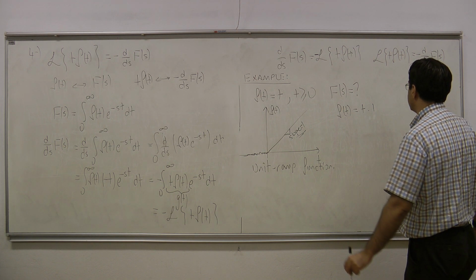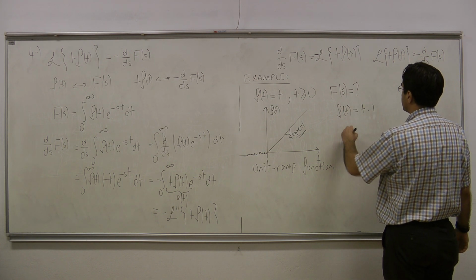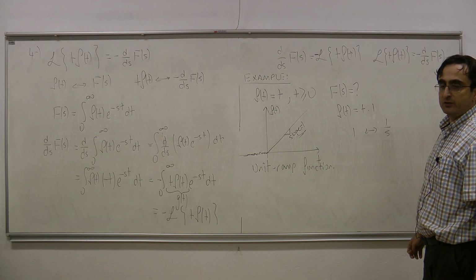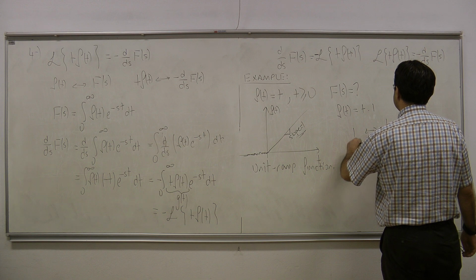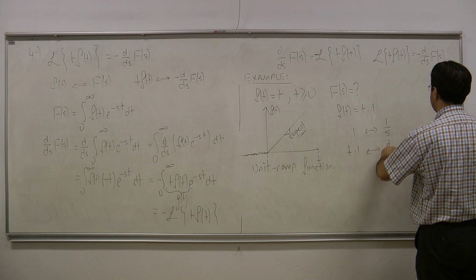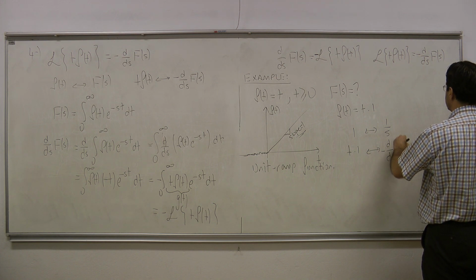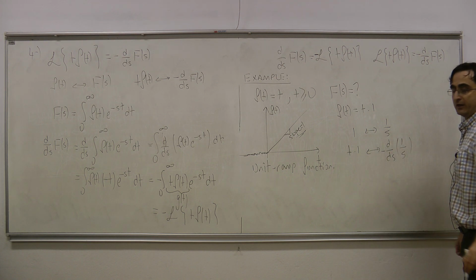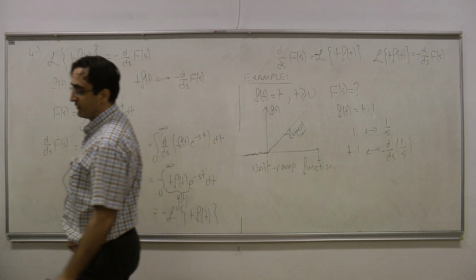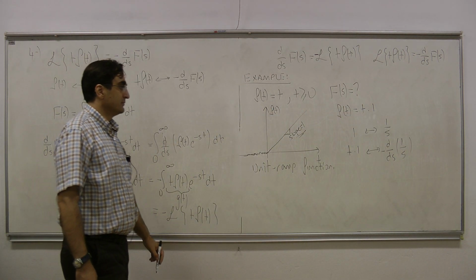That means that I need to first write the Laplace transformation of the unit step function. Then t times 1 is going to have the Laplace transformation negative derivative with respect to s of 1 over s. So this is what this property is telling us.